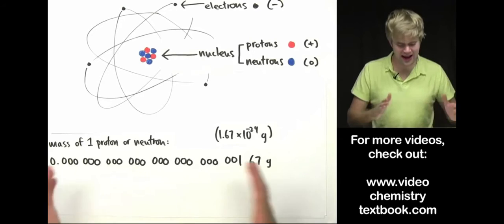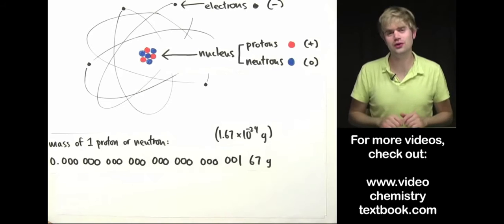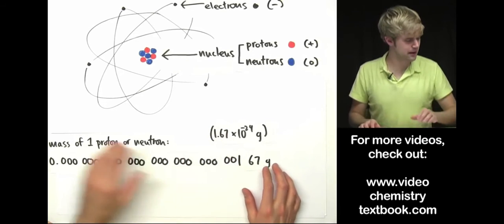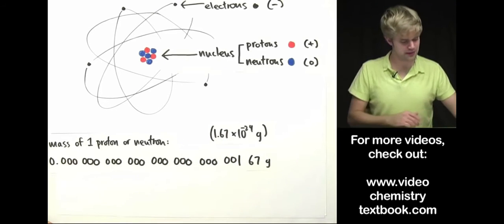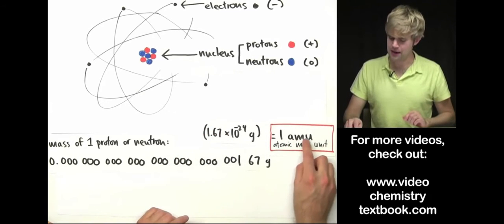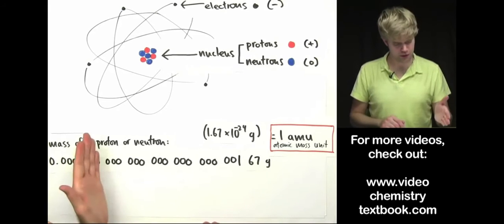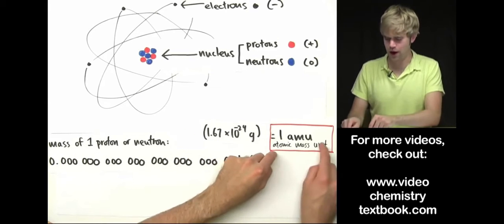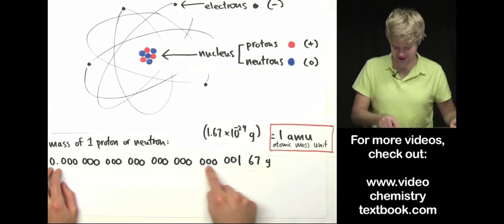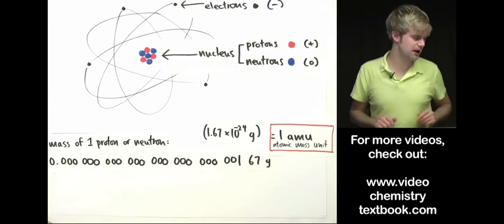But however you write this, it's a really tiny, unwieldy number. So scientists came up with another way to measure the mass of a proton or neutron, and that's using a unit called the AMU, the atomic mass unit. And they said, okay, one proton or one neutron weighs about 1 AMU. That's a lot easier to use than this measurement here. So a proton or neutron weighs about 1 AMU.